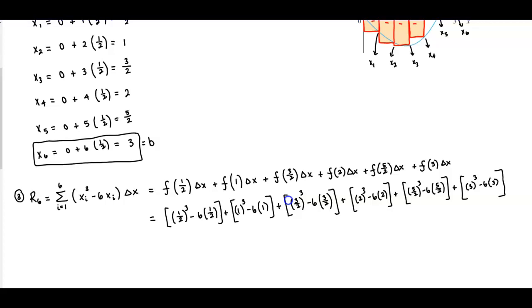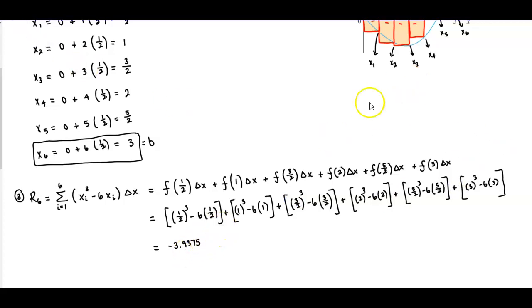When we multiply and add those all together, we get the result negative 3.9375 as the area.